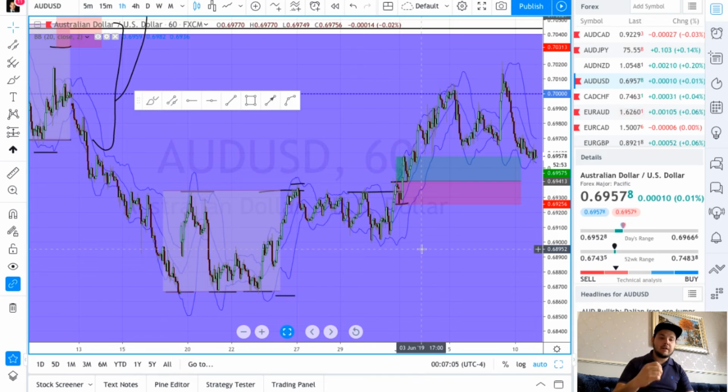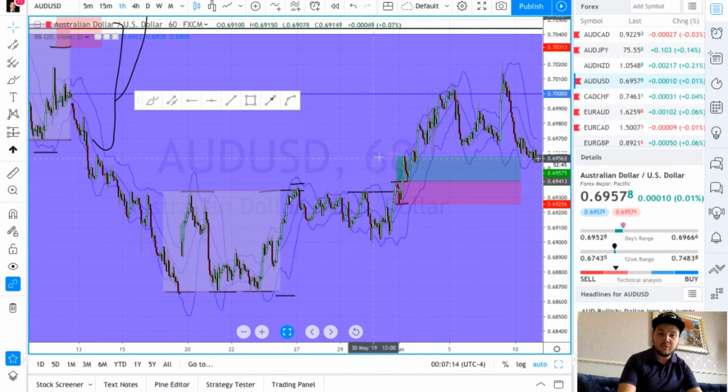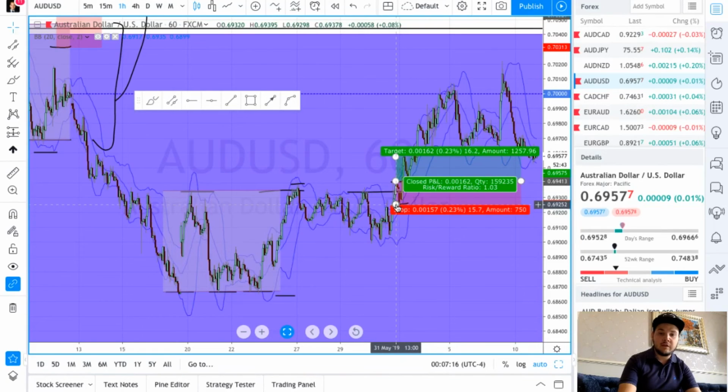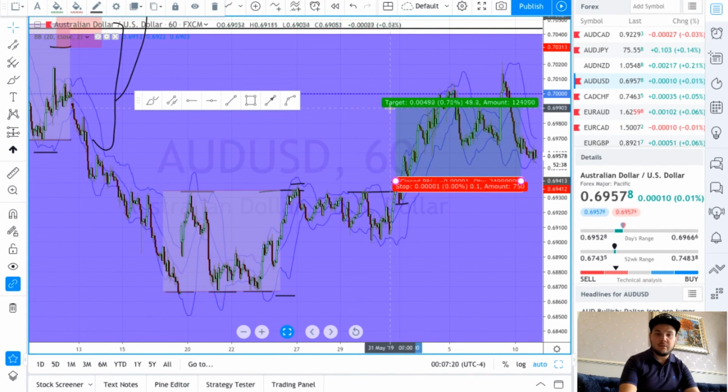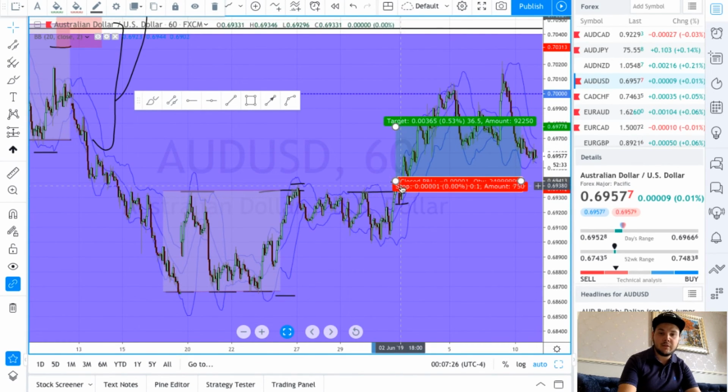Hence, when we break out, we're not likely to come back to the range. Okay, we might come back, but we might not come back. So it's a good place to move your stop loss to break even. So say we reach 1-to-1, move your stop loss to break even over here, no risk, and then you can go all the way to 3-to-1, or find a way to trail your take profit. Okay, I would for myself put it at 2-to-1, somewhere around here, and I would do 1-to-1, 3-to-1 perhaps.